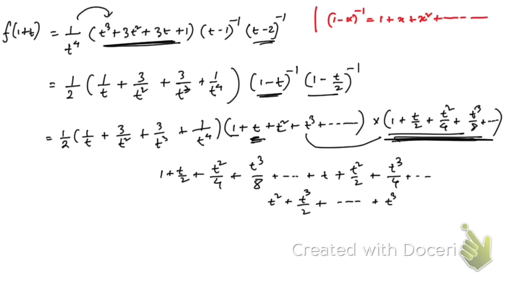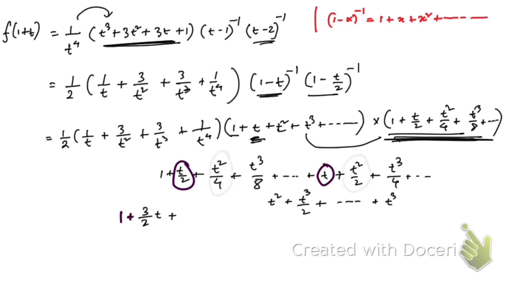Okay, so now just do one thing, just add up all these terms. So here 1, then t by 2. Is there any other t by 2? No. Or any term t? Yes, this is t. So these two are like terms. If you add t and t by 2, then you're going to get 3 by 2 into t, right?